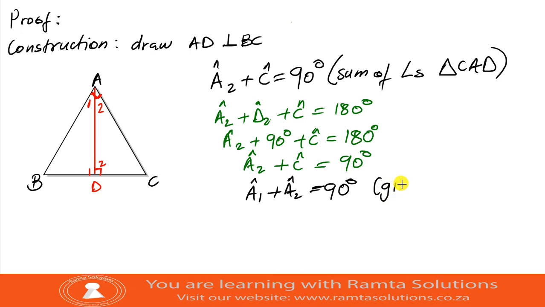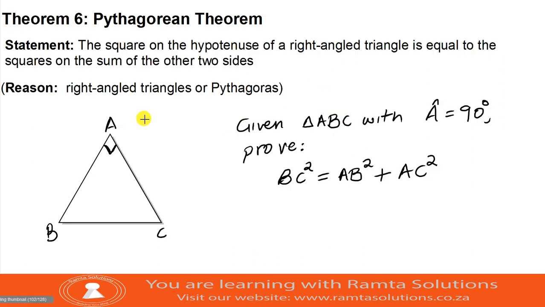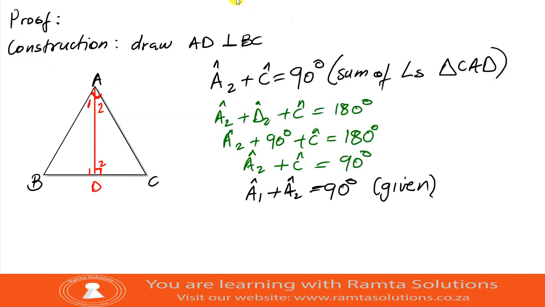It's given, right? Look at it. They said angle A is 90 degrees. Okay. Now, when you substitute A2 into this, you will therefore find that angle C is equal to angle A1.